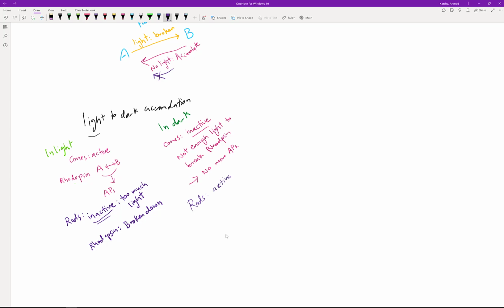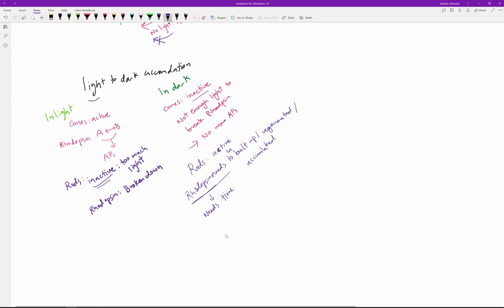However, to get them active, it means that their rhodopsin needs to build up or regenerate, or accumulate, whatever you want to call it. The point is that the rhodopsin needs time.